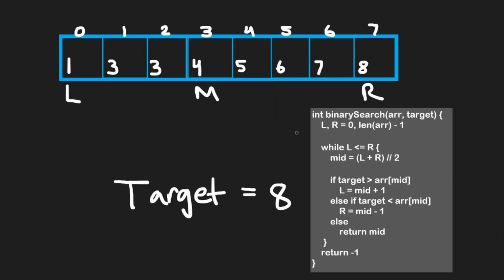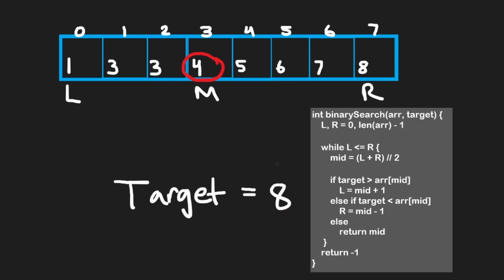So taking a look at some pseudocode, this is what we've done so far. We've initialized our left pointer to 0, and we've initialized our right pointer to be the length of the array minus 1. And then we start looping. We calculate our mid pointer between the left and right pointer, dividing by 2. And then we want to check the value at the mid pointer. We know there's 3 cases.